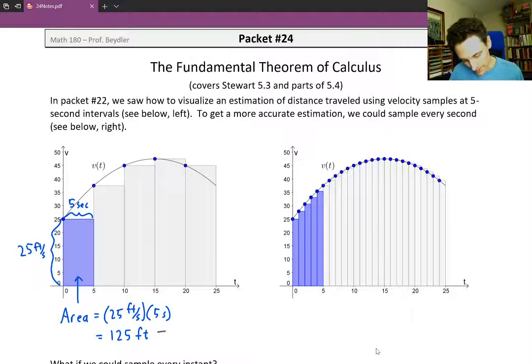So writing what this 125 feet was, it's the estimated distance traveled in the first 5-second interval.